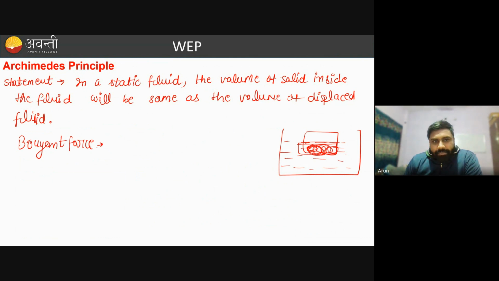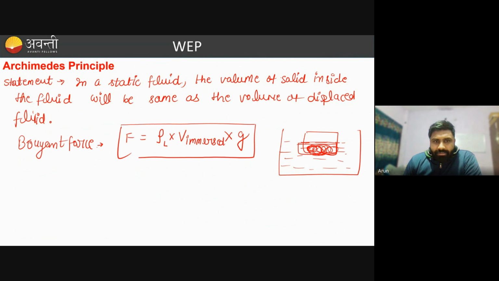So it is given by F is equals to density of the liquid multiply with volume of the solid immersed multiply with gravitational acceleration. Okay, now this is also termed as the upthrust. इसी को हम upthrust भी बोलते हैं.